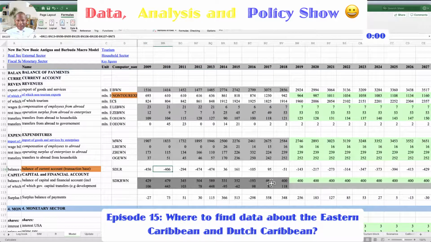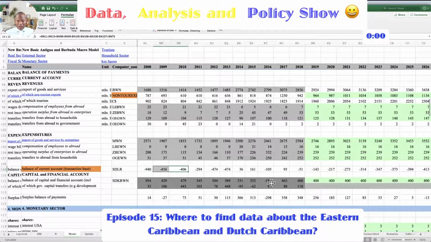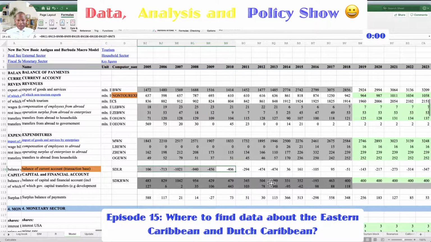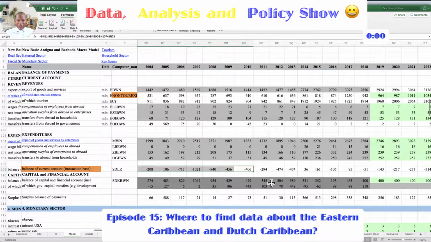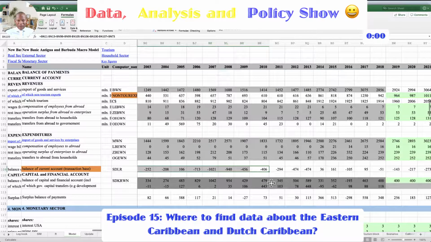Now here they have a huge problem, of course. They have been running a lot of deficits during these years, which means their imports were higher than their exports. Maybe something happened. Maybe a hotel closed, or some hotels closed.